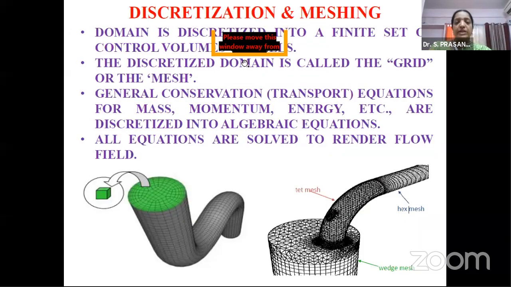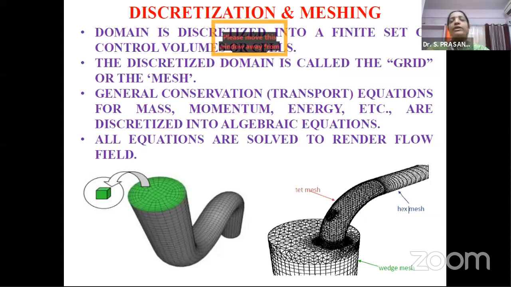This is the meshing I was talking about. You can see this is the complete structure on which you have to do your analysis. The whole domain is divided, or discretized, into different components. Cell size, you can have your own cell size.